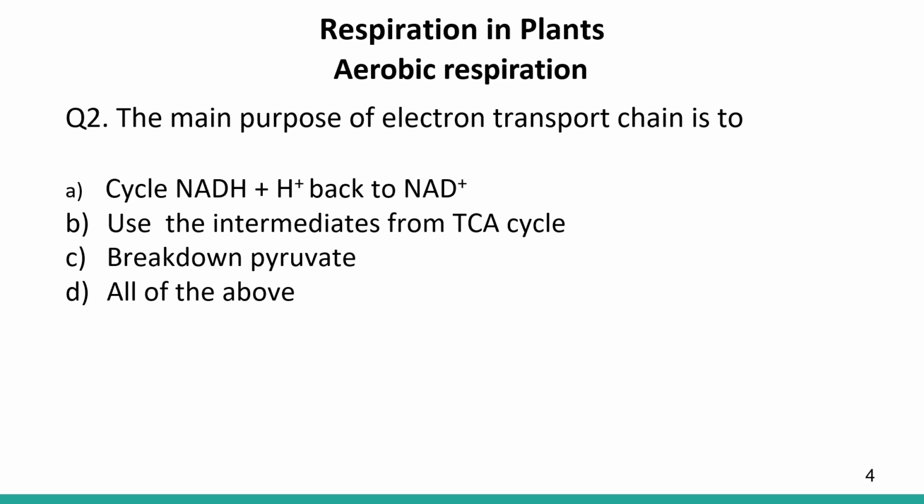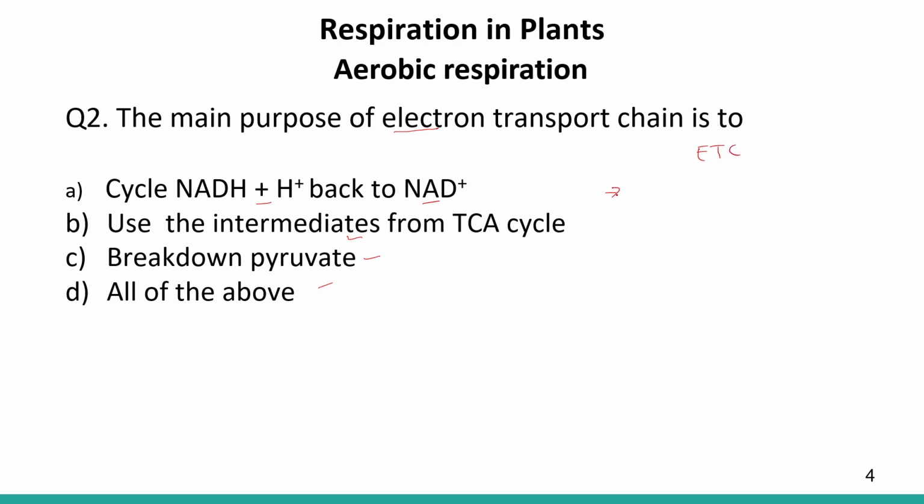Now next question is, the main purpose of electron transport chain is: cycle NADH back to NAD, or use of intermediates from TCA cycle, or break down pyruvate, or all of the above. So let's talk about the electron transport chain now.